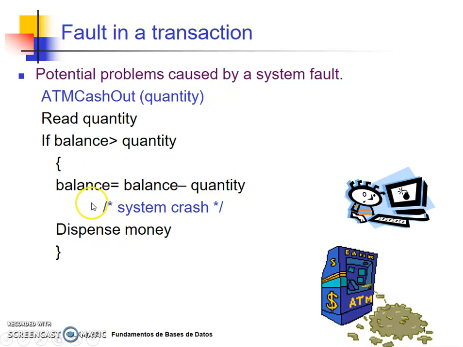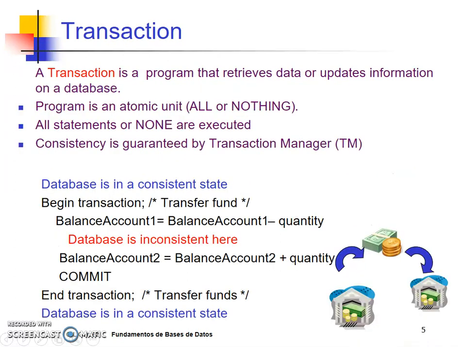The problem is when we have a crash in the system: we already changed the balance, but we haven't dispensed the money. So if we have an error in the middle of the execution, then we have to go back and put the balance back to the original amount. So for that, we need to work with transactions.